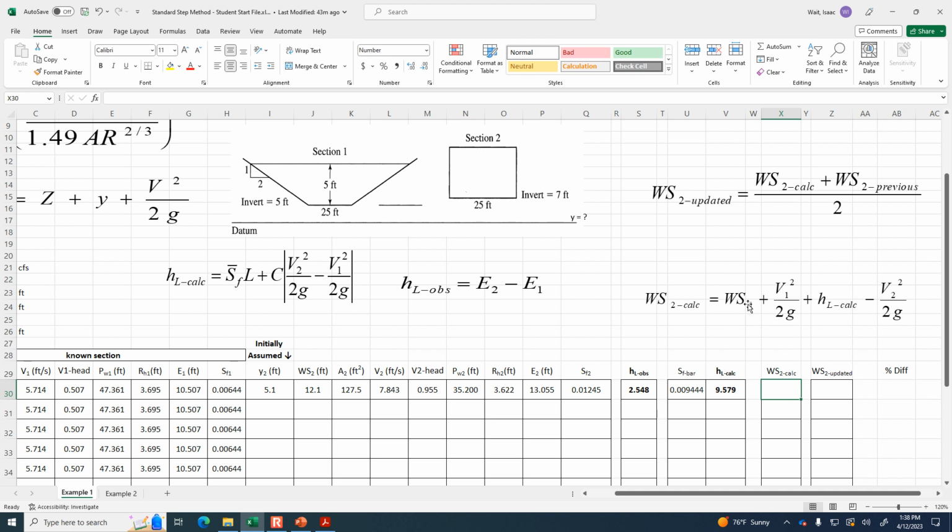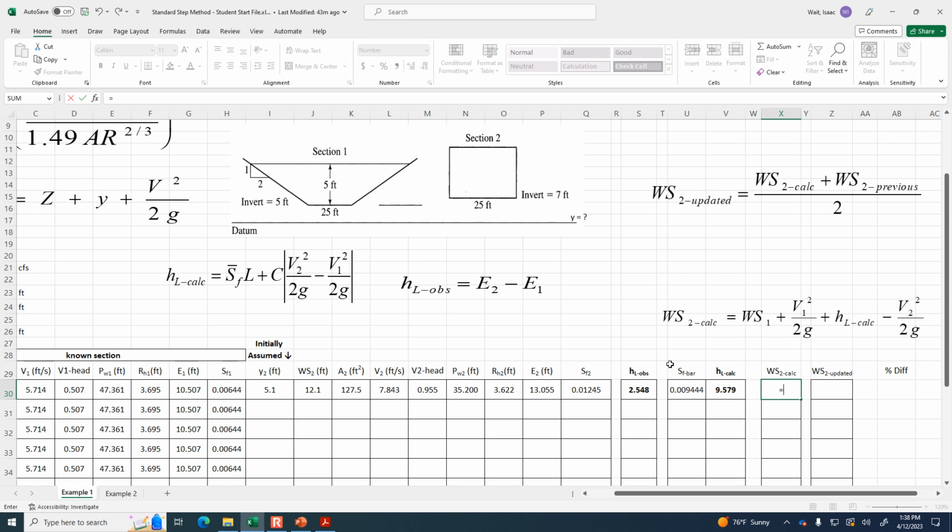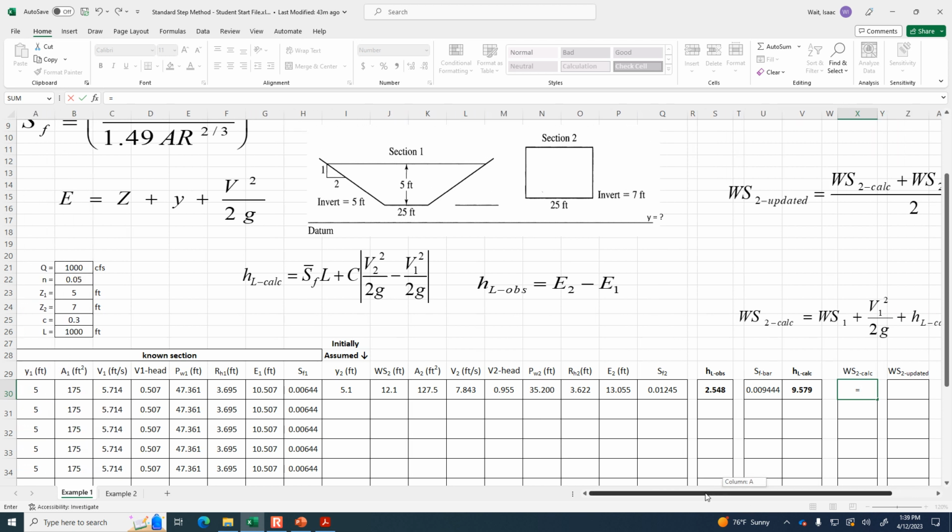Okay, so this next column is going to use this formula here. So what we're calling the calculated water surface at 2 is the water surface at 1. Now we didn't calculate a column that says water surface at 1, but do you remember that water surface means depth, so y1 plus z1.